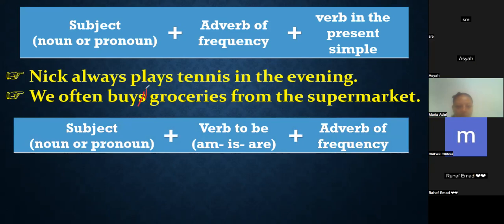This is a mistake. We often buy groceries from the supermarket. As you see, often is between the subject and the main verb.